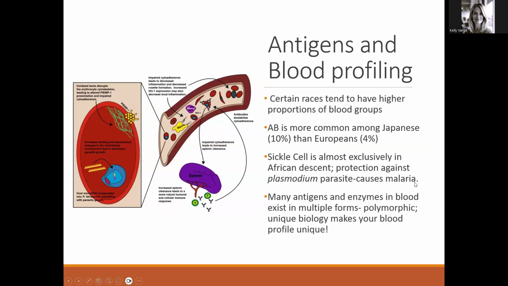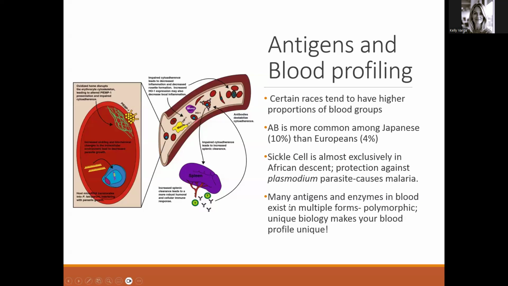And where is malaria very prevalent? In African countries. So again, this has served a purpose. But we can also say that if we are finding characteristics of blood that has a sickle cell shape, we are almost certainly dealing with someone who has an African descent of some sort.